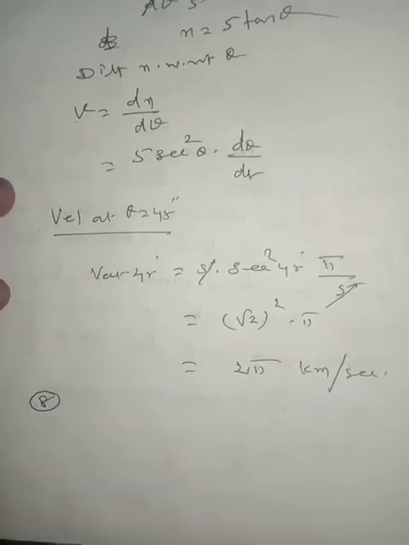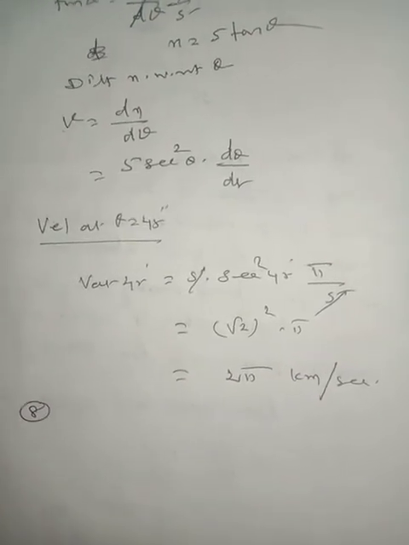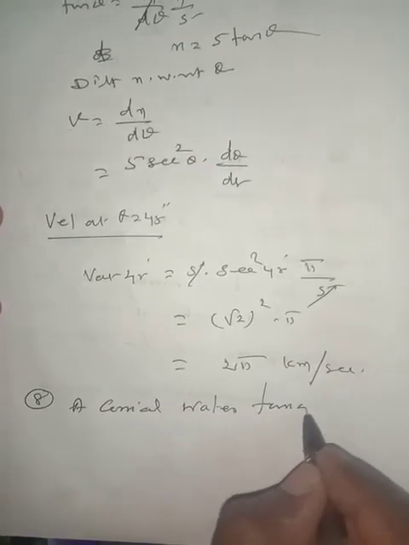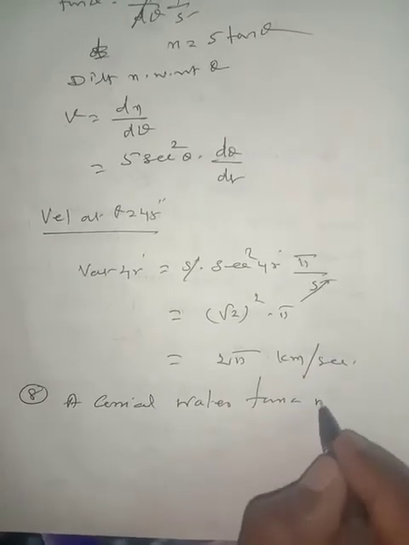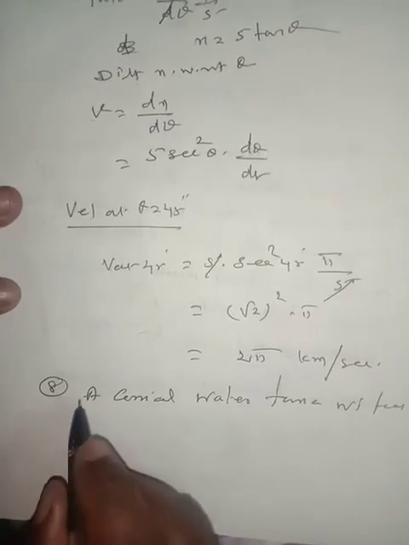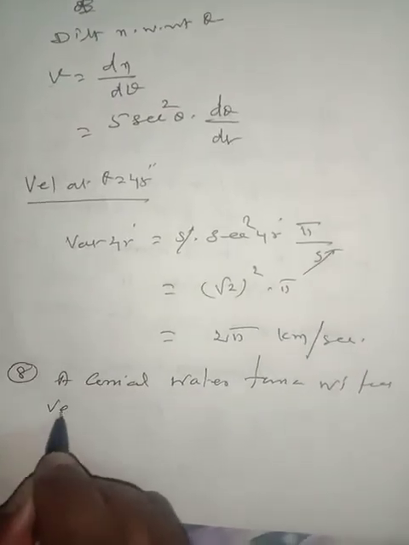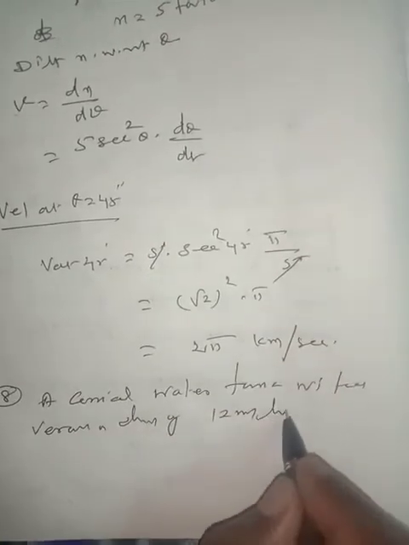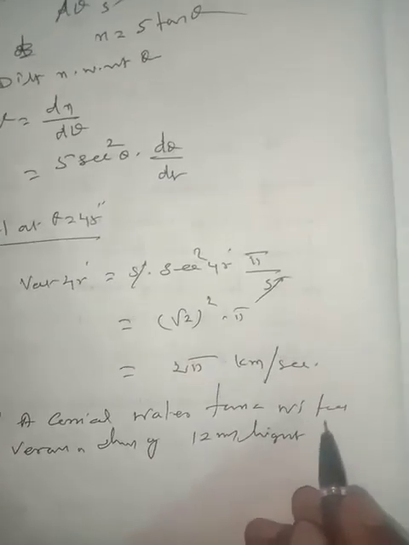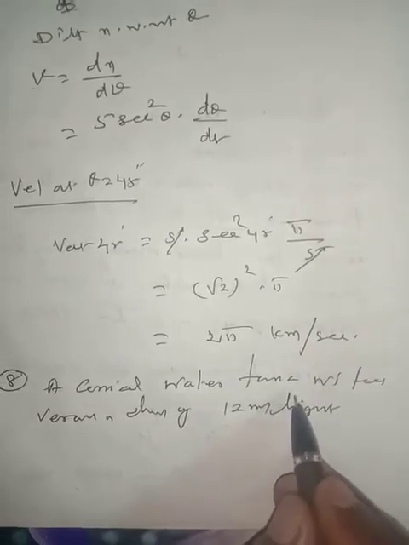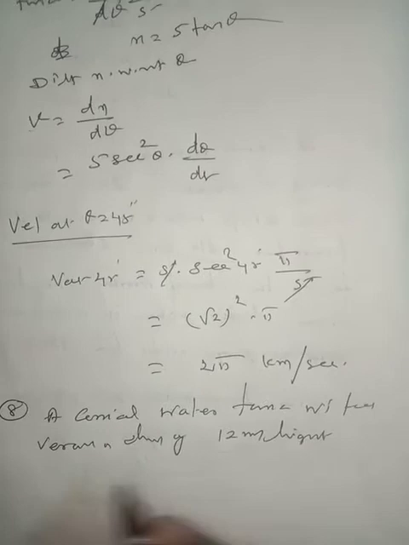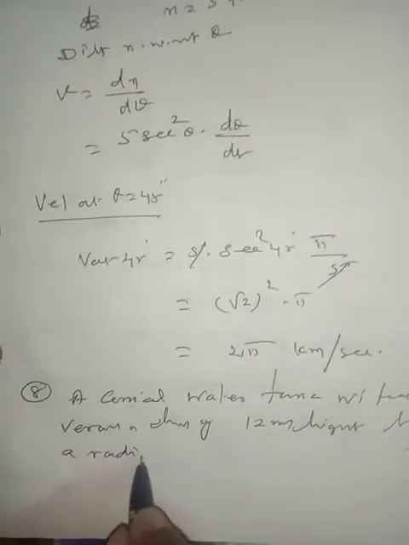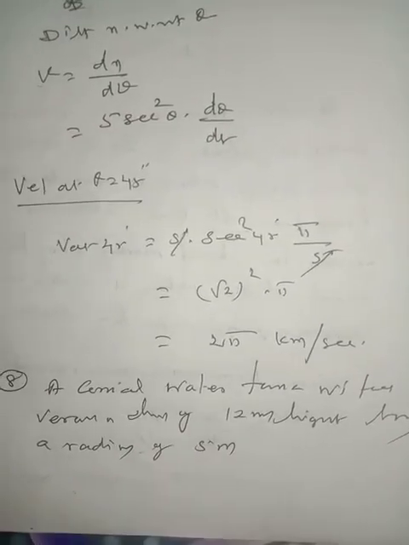Question number 8. A conical water tank with vertex down, 12 meter height, and a radius of 5 meter at the top.